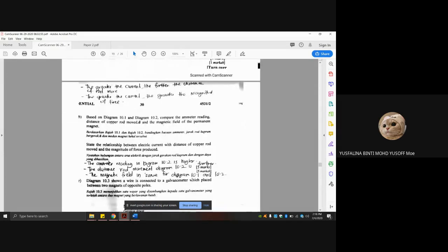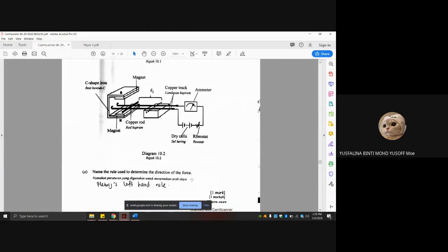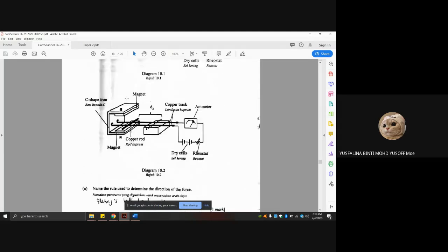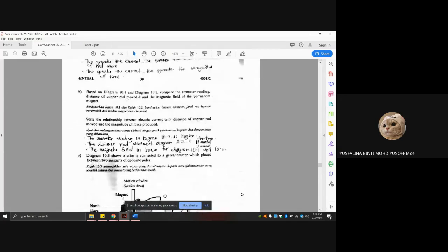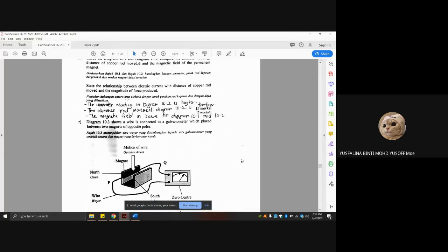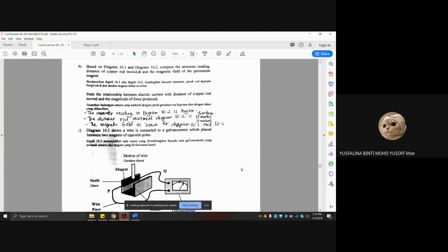The next one is the magnetic field produced. The magnetic field is the same, only the force is different. They use the same magnet. Then, state the relationship between the electric current and the distance the copper rod moves and the magnitude of the force produced.